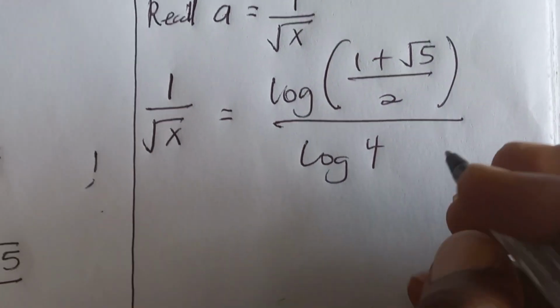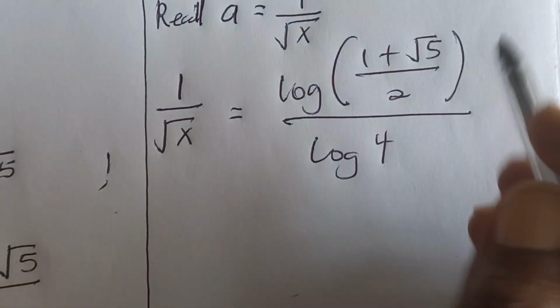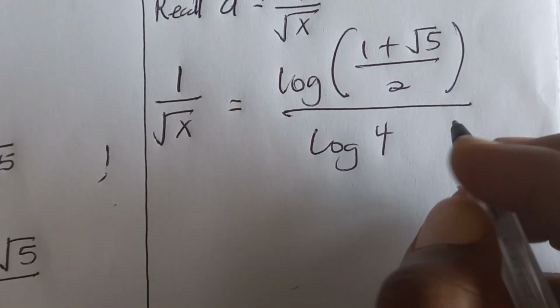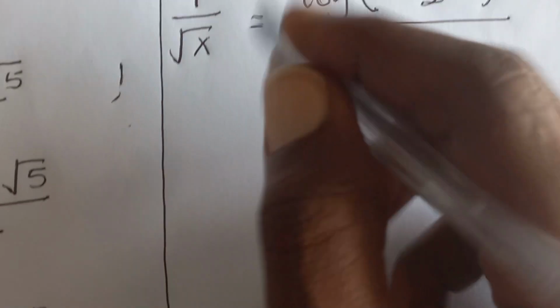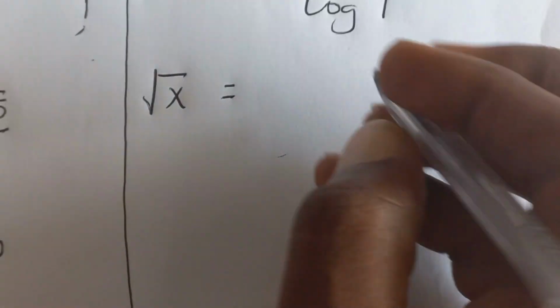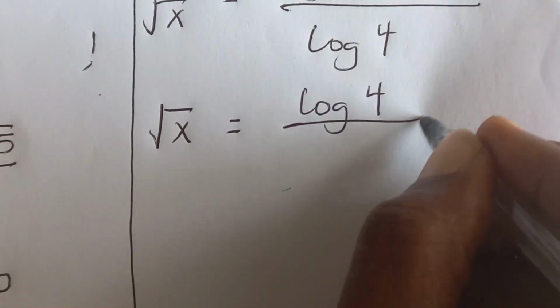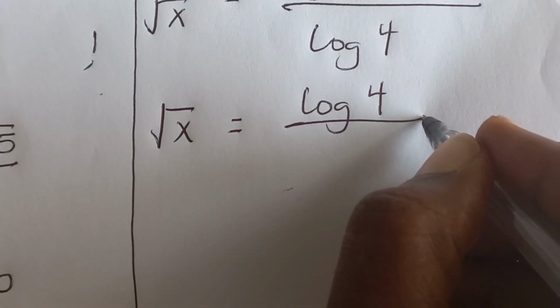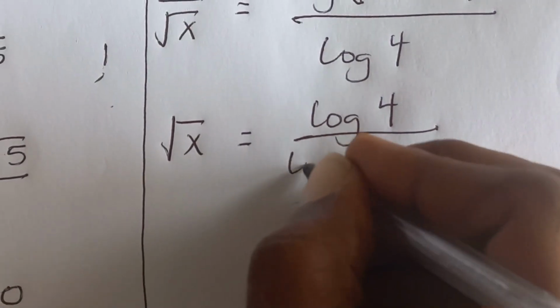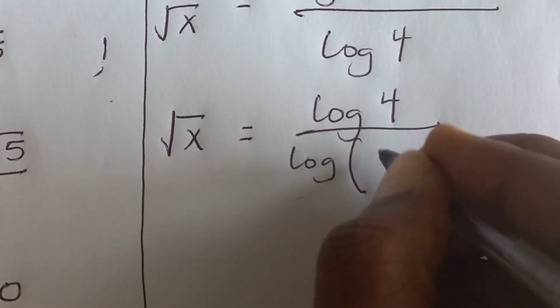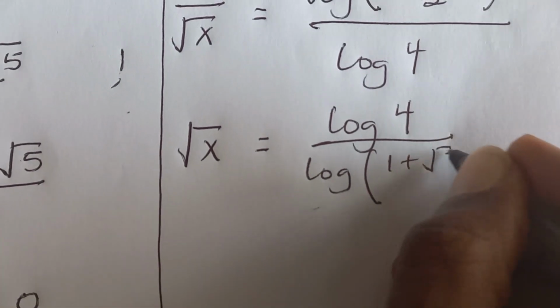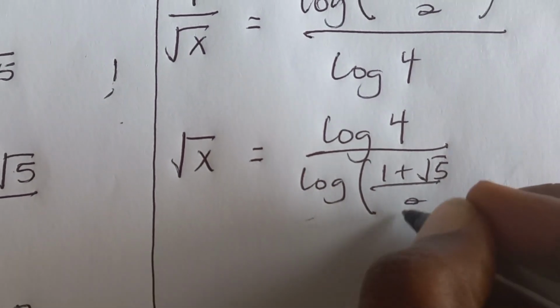So now our 1 over root x is equal to this. We can reciprocate every term here. By reciprocating every term, we have root x is equal to log 4 on log into bracket 1 plus root 5 all over 2.